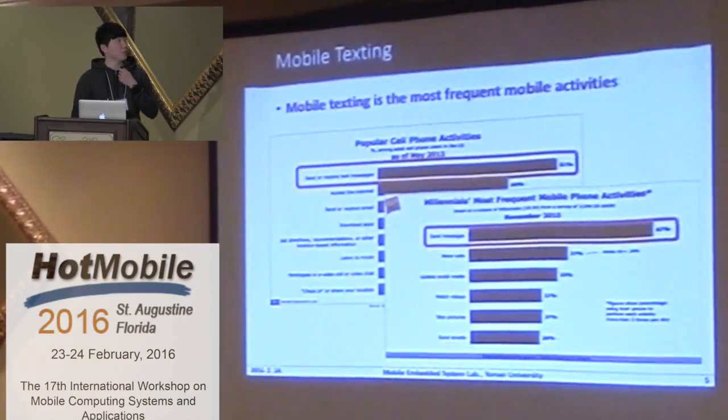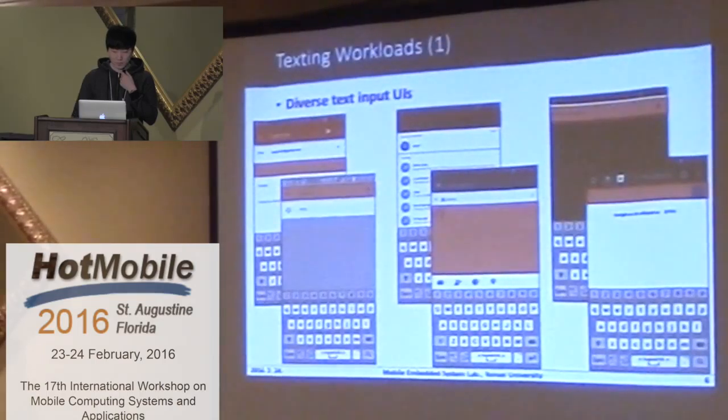Among various touch events, we focused on mobile texting because, as you can see from the graph, mobile texting is the most frequent mobile activity. For mobile texting, there exist diverse text input user interfaces, like writing a receiver's email address, searching emails, finding friends in social network services, posting some writing, typing URLs, and typing search keywords.